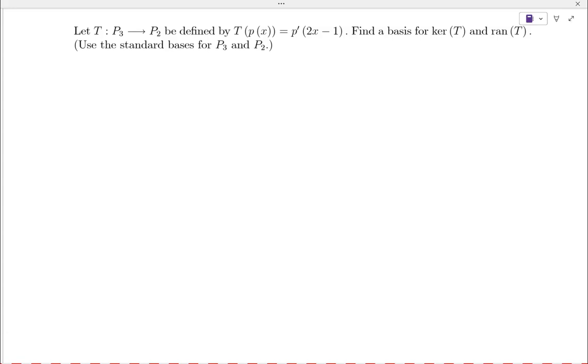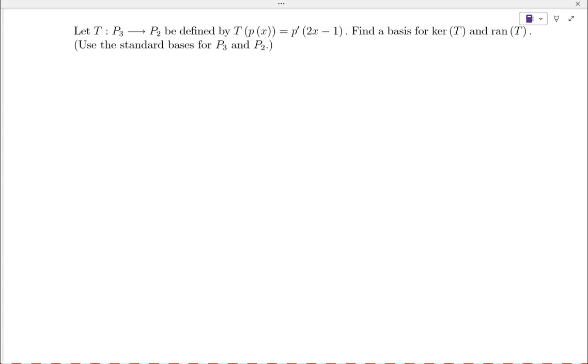The notation here says you're going to take the derivative and then plug in 2x minus 1. Okay? That's what the notation says. It says find a basis for the kernel and the range. And it also gives you this little hint of use the standard bases for P3 and P2. So let's talk about what that means in that particular instance. Why does it tell us what to do?